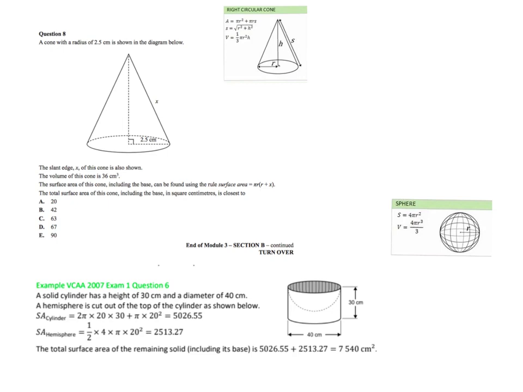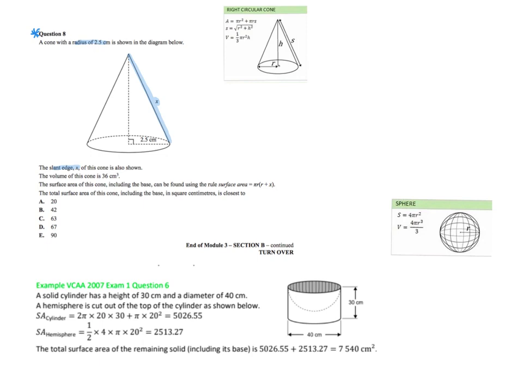This one is question 8, boys, in the exam. So that means it's supposed to be one of the more challenging ones, or maybe not more challenging, more steps to do. So let's have a look. The slant of the cone has a radius of 2.5 as shown in the diagram. The slant has an edge of x. So they've said this slant side is x.